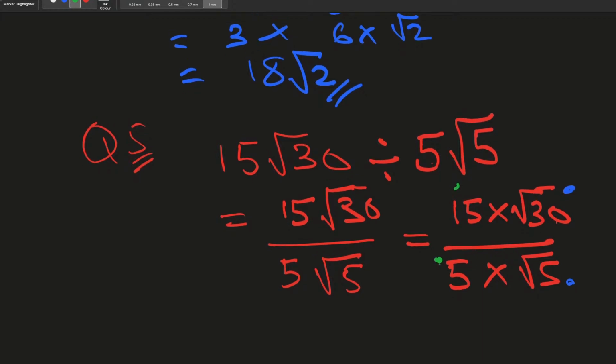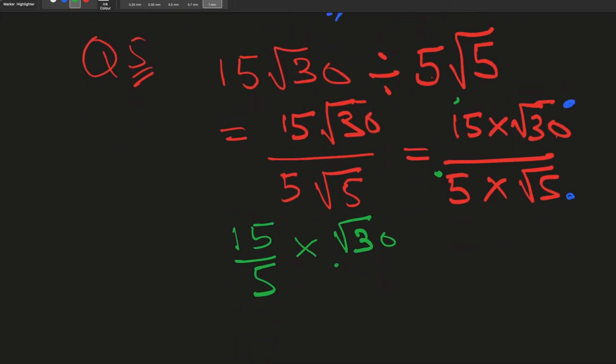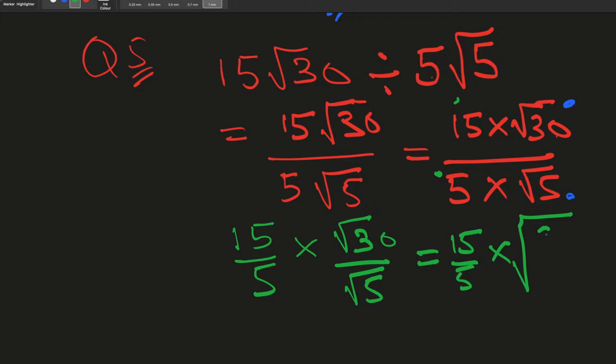So therefore we can say that 15 over 5 is multiplying the square root of 30 over 5.